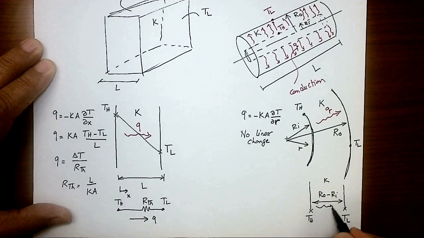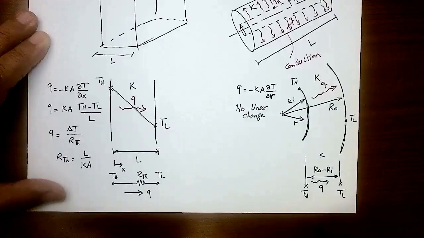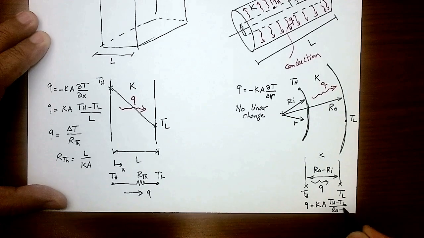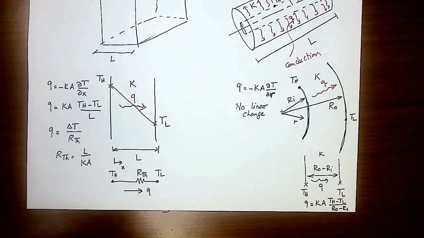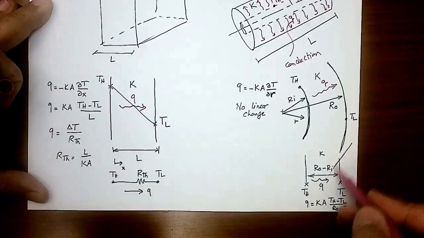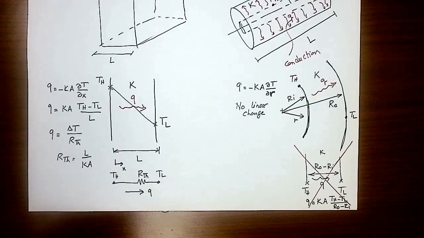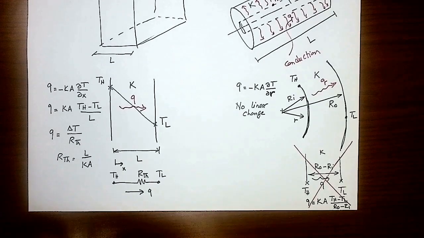I can say that Q that's going in here can be calculated from K A (T_H minus T_L) divided by (R_O minus R_I). All I'm going to do is say this is wrong. Everything here is based on a linear temperature distribution assumption, which is not valid here.